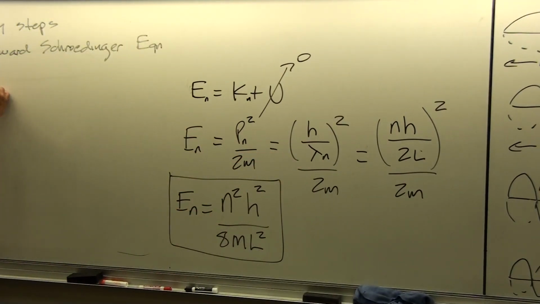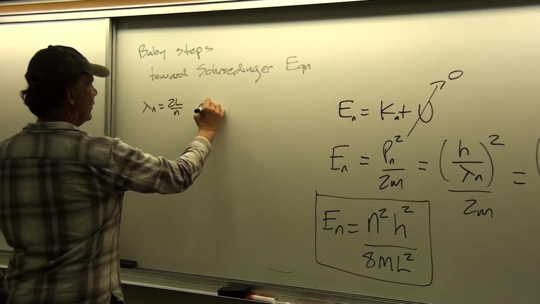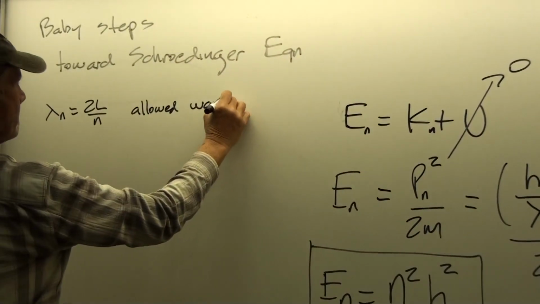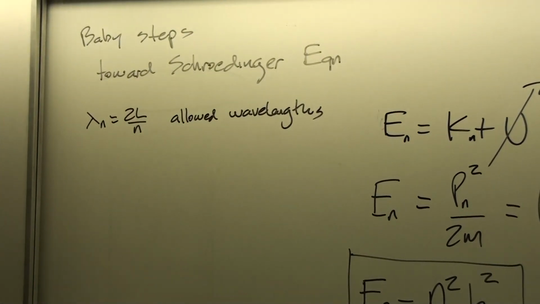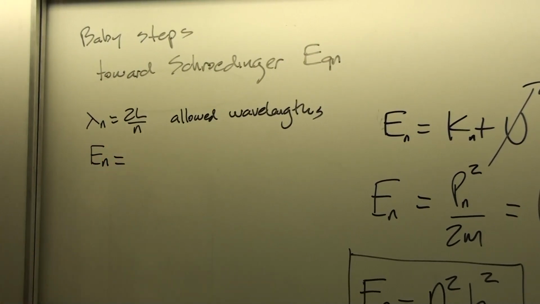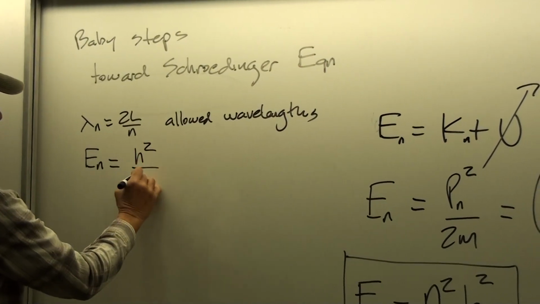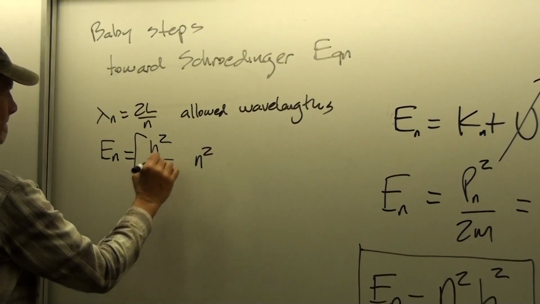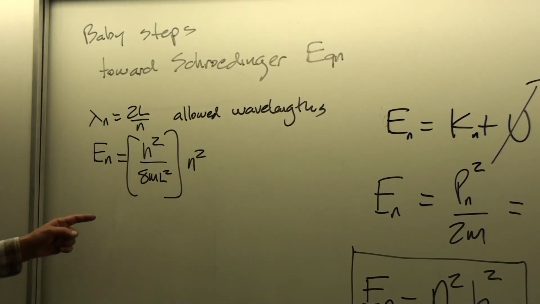So lambda n equals 2L over n gives us the allowed wavelengths that produce a standing wave pattern of the matter wave, and En is going to be equal to h squared over 8mL squared times n squared. Okay, and so these are the allowed energies.